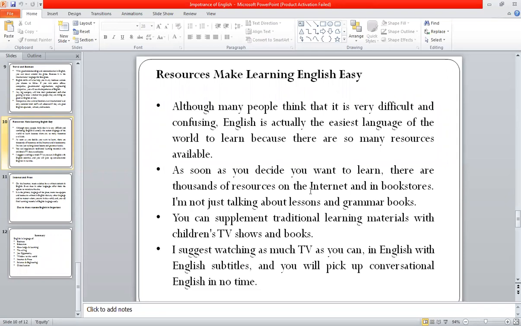But if you ask him for an English grammar book, he will make it available in front of you within a few seconds. The same is not applicable to other Indian languages in Maharashtra.